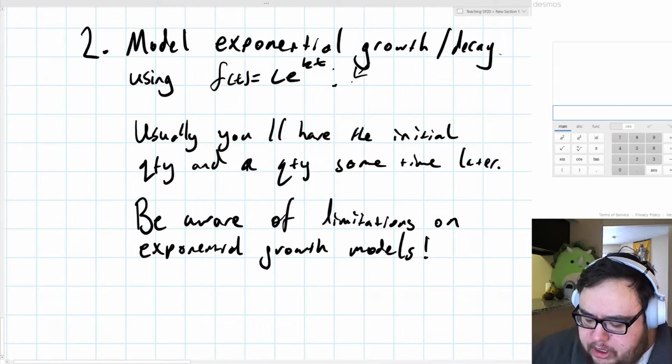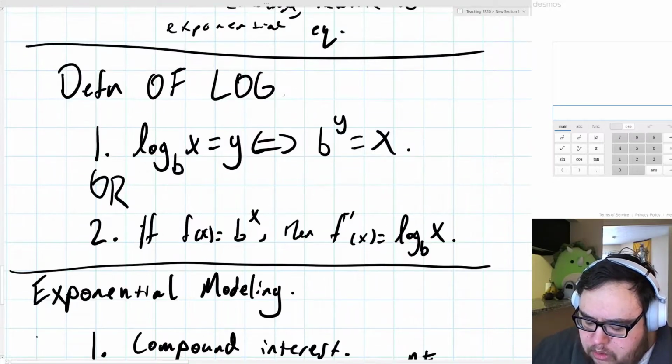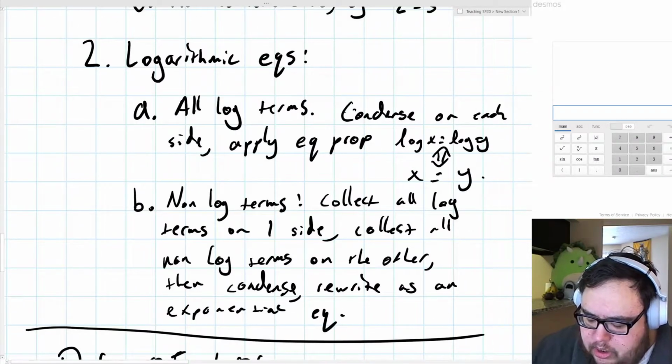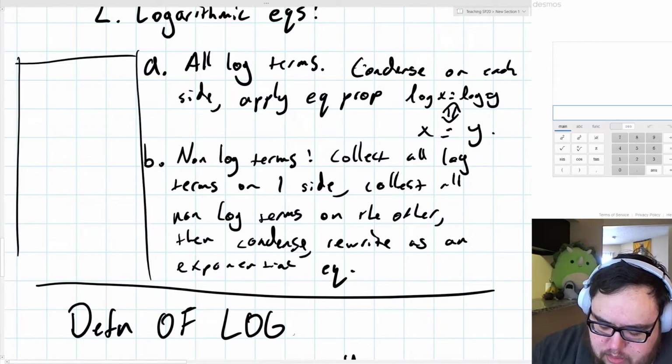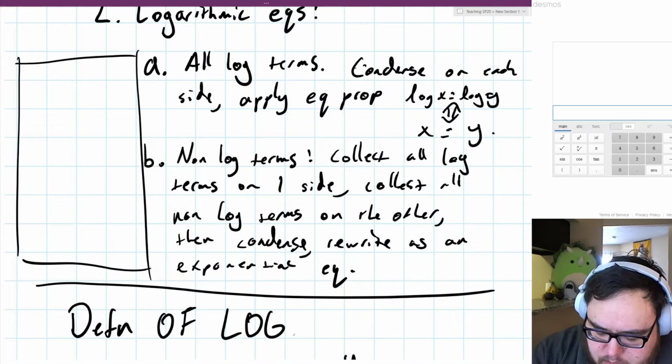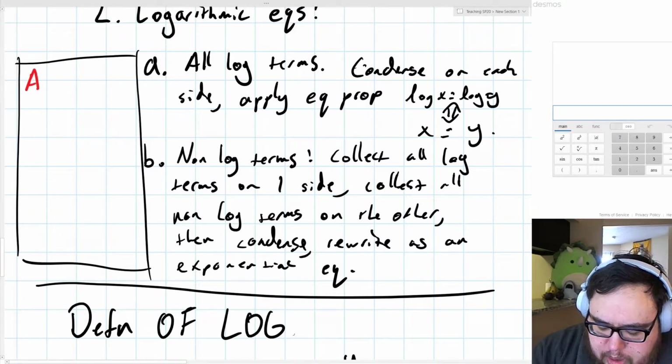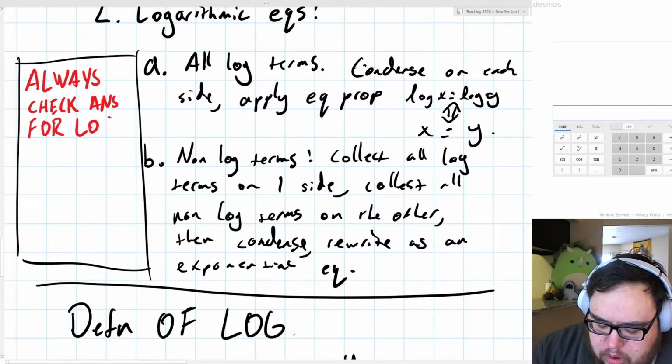I need to jump back up for a second because I thought I forgot something really important when talking about logarithmic equations. So, always check answers for log equations.